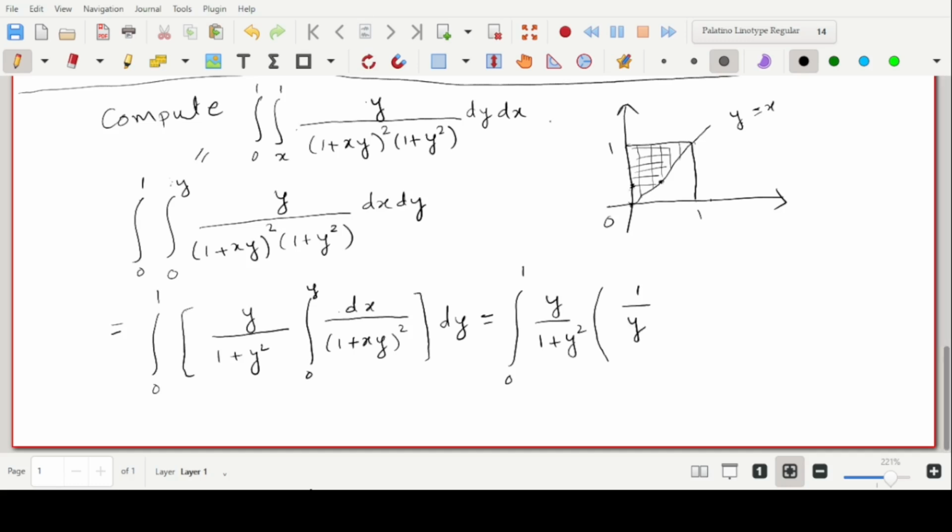Now here this is the integral (1 plus xy) to the power minus 1 divided by minus 1. This is the integral. This constant comes in the denominator.